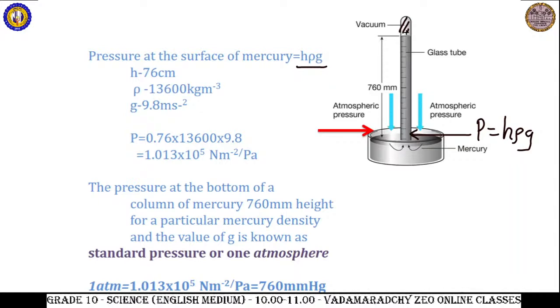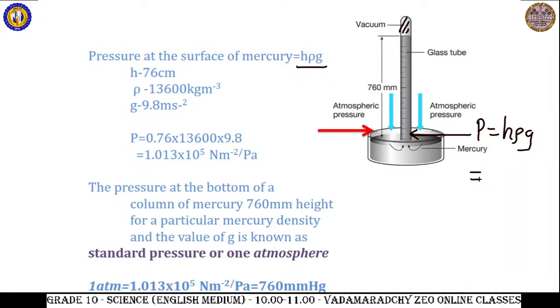So the pressure at this point, the surface of the mercury, is equal to h rho g. h means the height of the liquid column. How much is the height here?